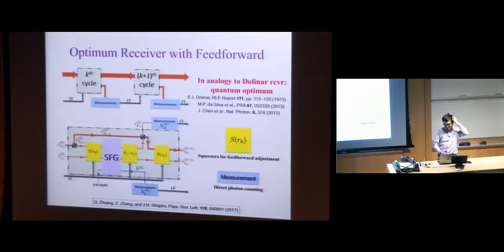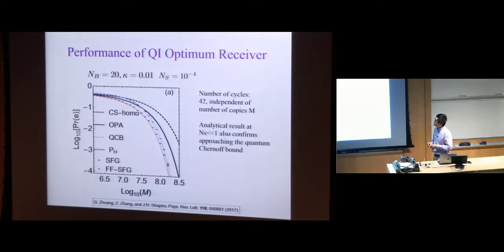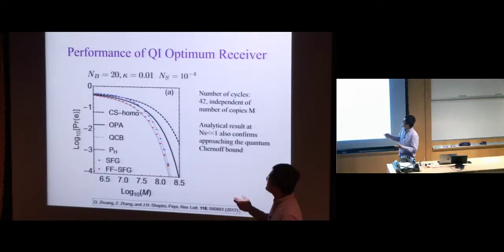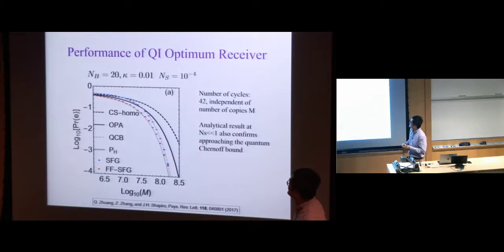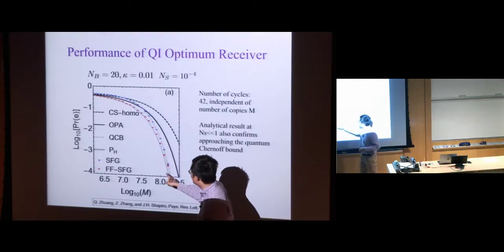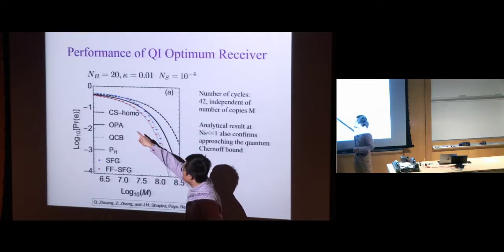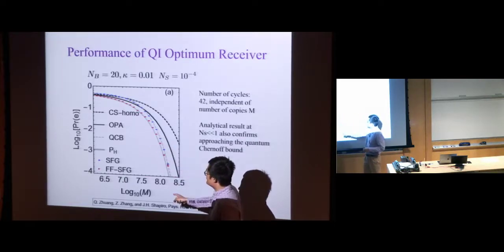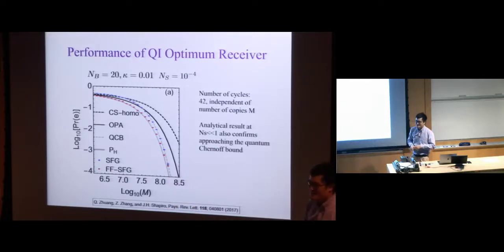So now you can do more tricks, which I'm not going to introduce, just introduce some feedback mechanism to your scheme, which would further improve the performance. But this is the performance of this so-called quantum-illumination optimal receiver. So this curve is your ultimate quantum limit, and the simulation, which was Monte Carlo simulation, agrees very well with this ultimate quantum limit.